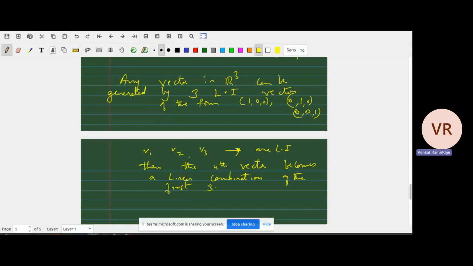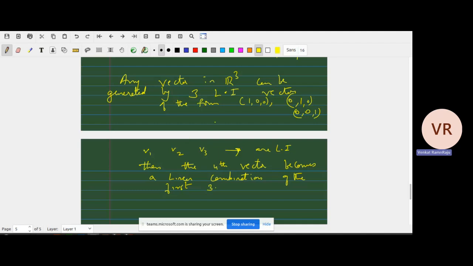But if you don't get that assumption true, that is, already within v1, v2, v3 we find some relation among them, which means that they are already linearly dependent.